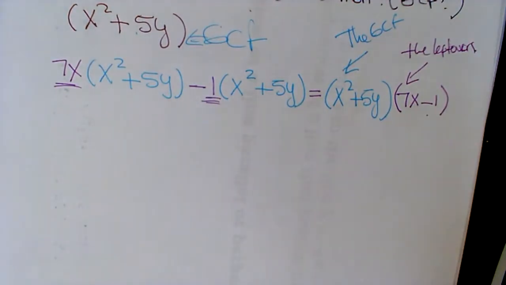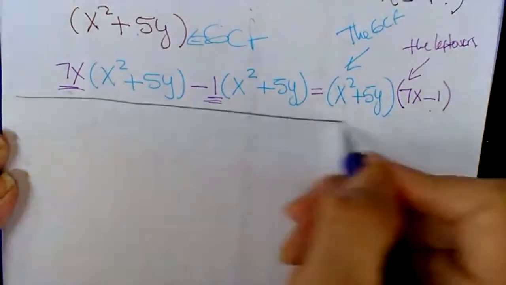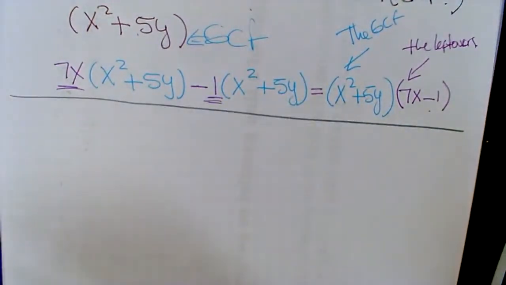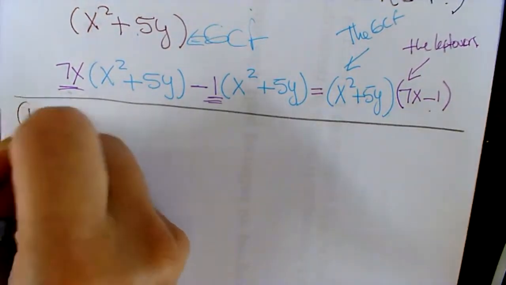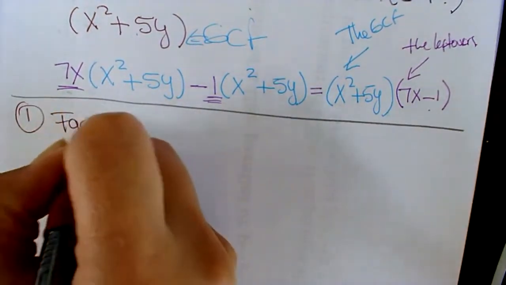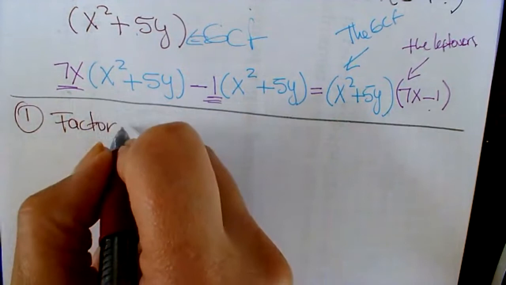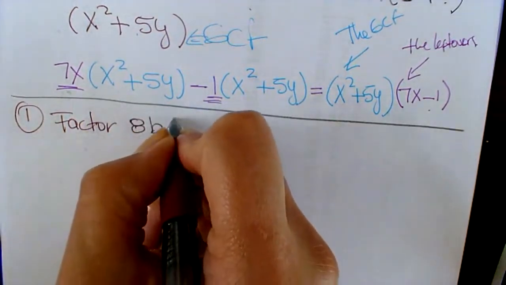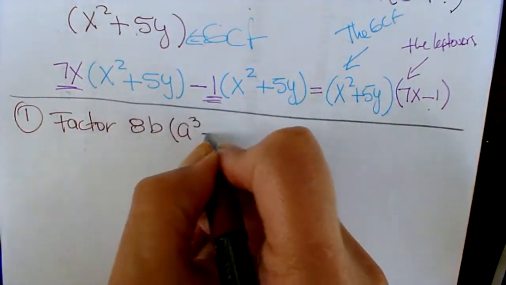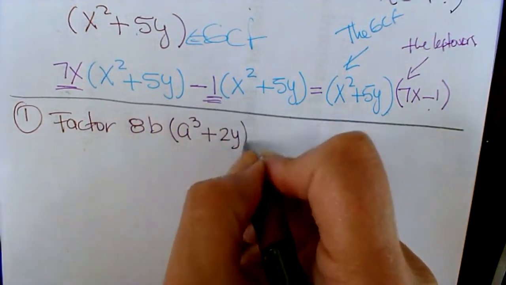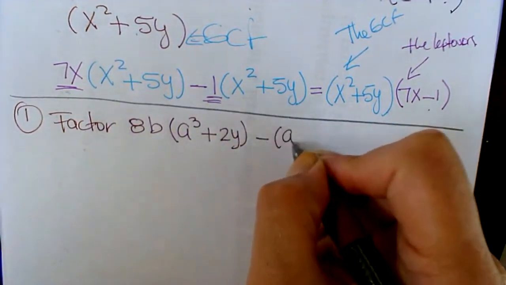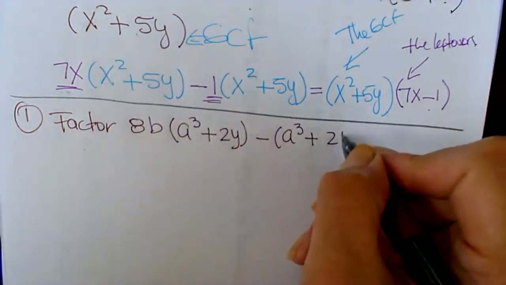Now let's do, oh, I got a couple examples here. So it says factor, and we have 8b times 2y minus 3.